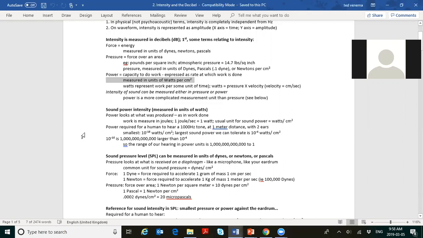Here's what you need to know. Put a star by that. In terms of power, the softest you can hear is 10 to the minus 16. Yikes, tiny. The largest power you can tolerate, 10 to the minus 4. The difference between those is 10 to the 12.